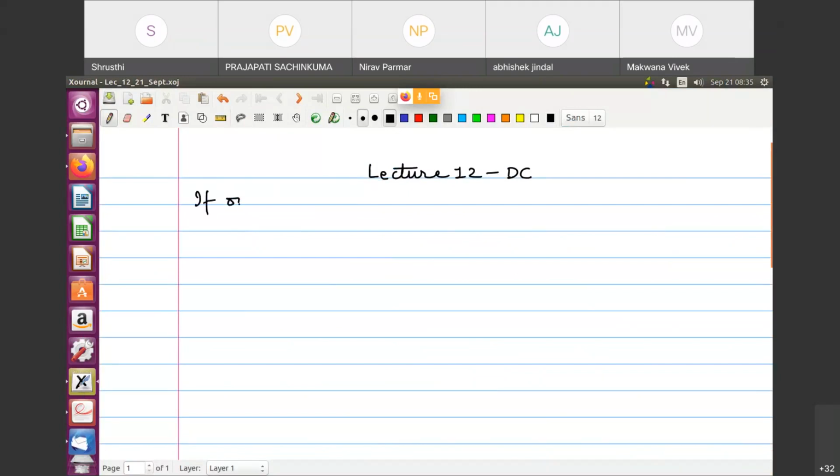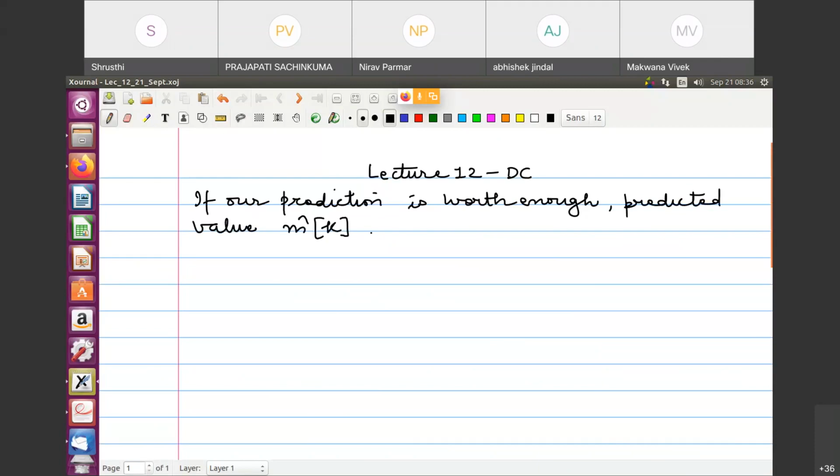So if our prediction is good enough, it means that the predicted value, let us say m cap k is what is predicted, will be close to m of k, whatever it predicts is really close to the original sample.